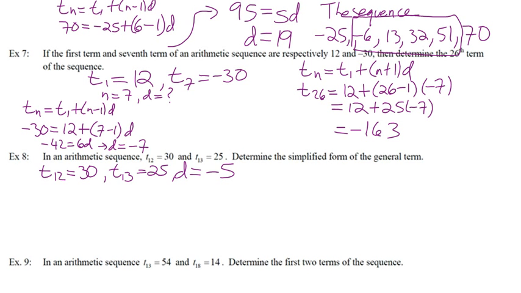All right, and what are we supposed to figure out? Oh, the general term. What do we need to get the general term? T1. What do we know? Well, we know T12 or T13. Can we use one of those?